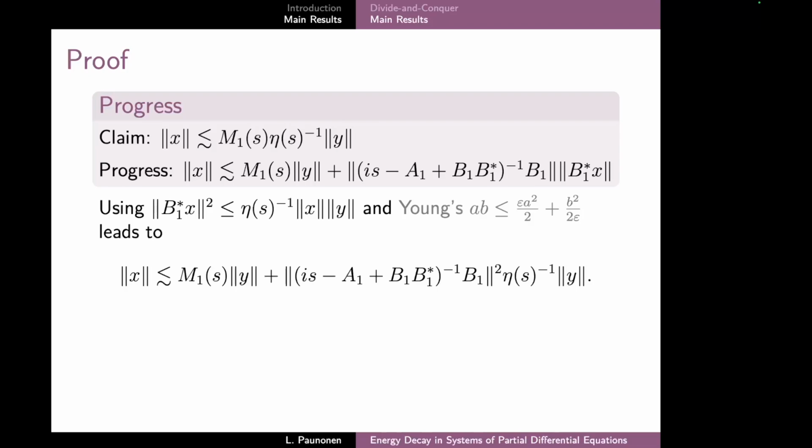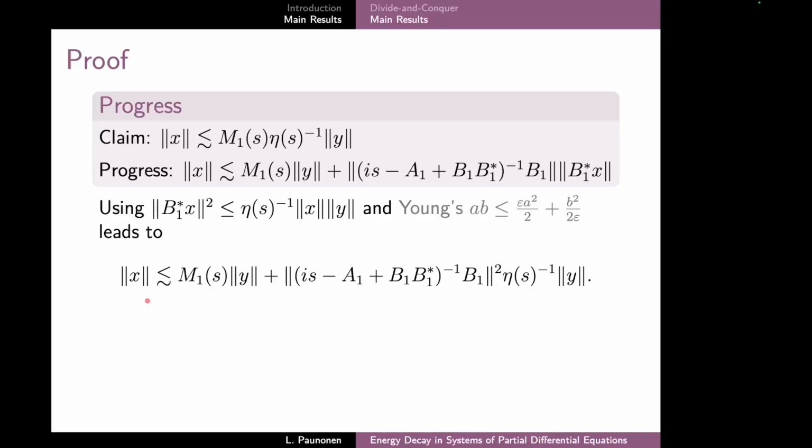The downside of this process is that Young's inequality increases the powers of the rest of the terms here on the right-hand side. So this term, which used to look very nice, now has a second power. But otherwise this eta s is exactly of the form that we would like.